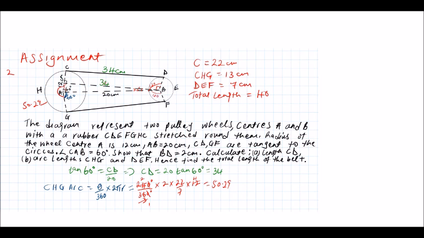Are we together? So this is the angle that we need to calculate the length. What is the angle at B? 120. So that all of them add up to 360. That is 360 minus 240, which is 120.